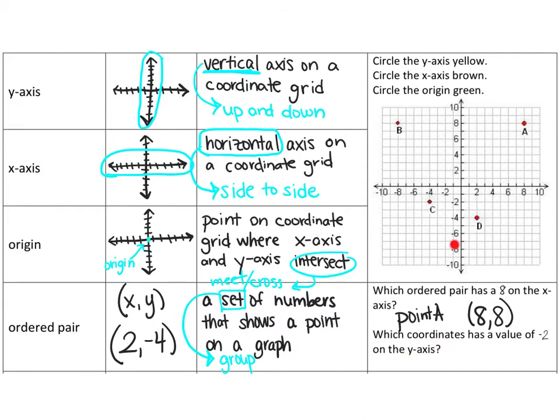So we go to the y-axis and find -2, and we see that it's point C. So, point C, we go to the x-axis, -4, comma, and then point C, and we go to the y-axis, -2.